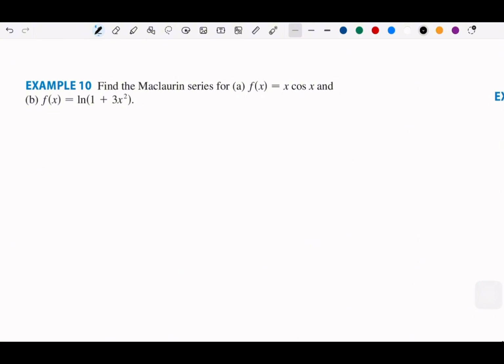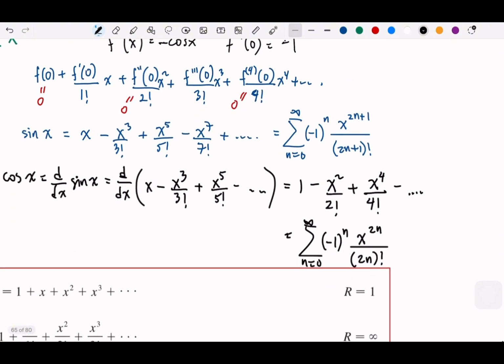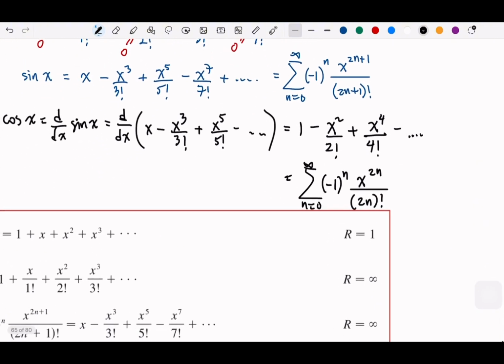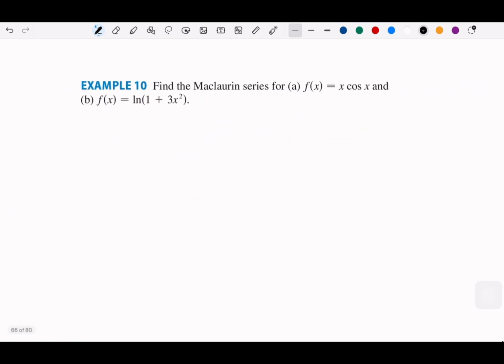So whenever you have the x cosine x, what you can do is exchange the cosine with the series in the Maclaurin and then multiply with x. Okay? So basically, if we remember from the previous part, let me just write down the cosine x.